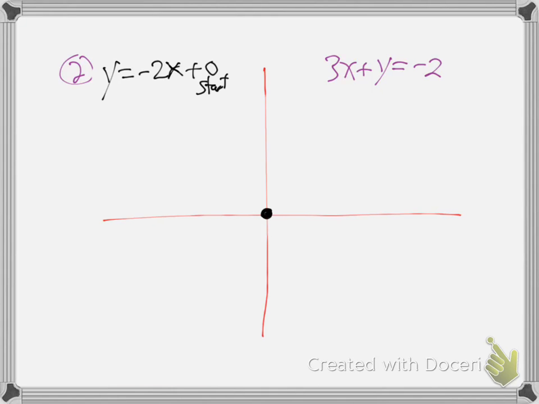Totally good. And then where do we go from there? We go down 2 and over 1, to the right 1. Good. It's rise over run, so we go down 2 over 1, so there it is. Try to make big marks, it might help. And then just connect the dots.